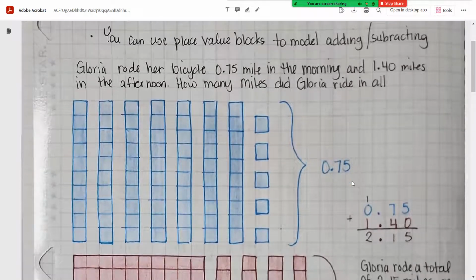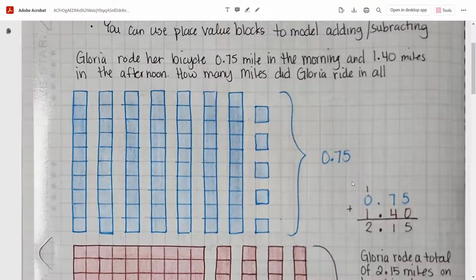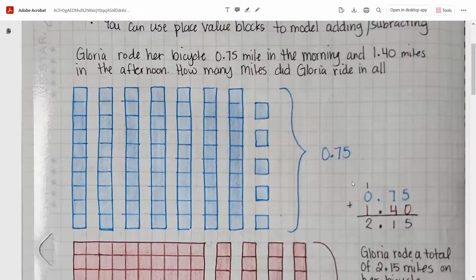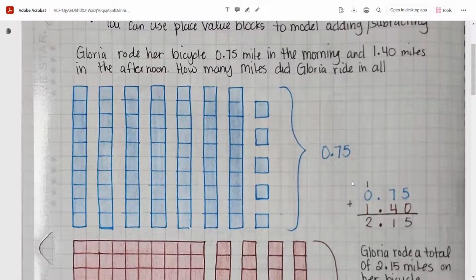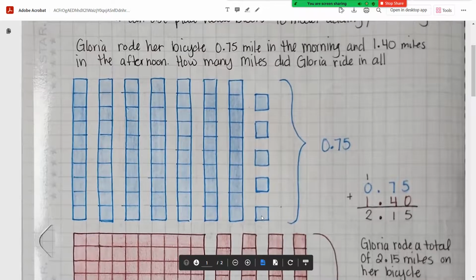Now, our first question says, Gloria rode her bicycle 75 hundredths of a mile in the morning and 1 and 40 hundredths of a mile in the afternoon. How many miles did Gloria ride in all? So if she rode 75 hundredths, that's 7 tenths and 5 hundredths. So I drew 7 of my 10 rods and 5 of my individual little units.